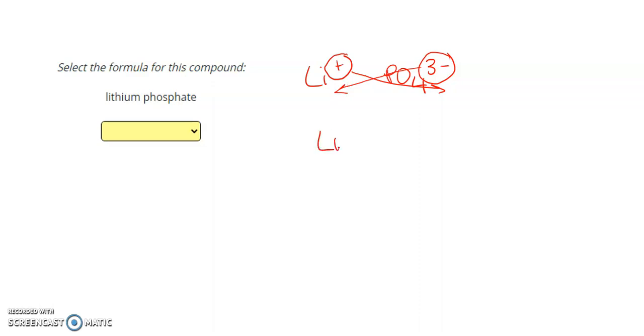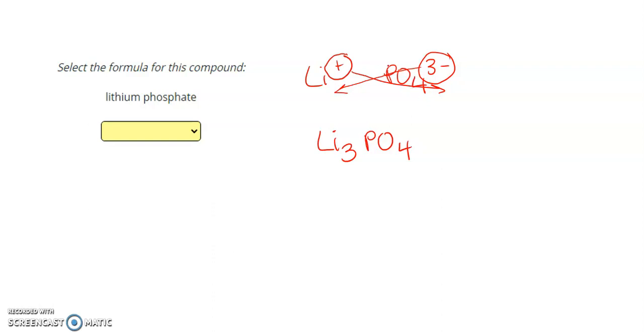That'll give you Li, 3 at the bottom, because we had a 3 here, dragged it to the bottom. PO4, there was a plus, but no number up here, so we do not need to add an extra number down here. Notice I did not swap this 4 anywhere.